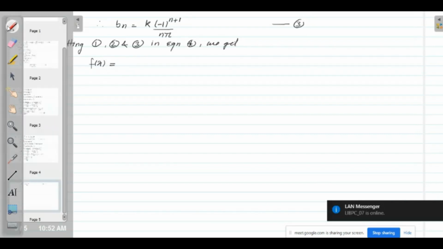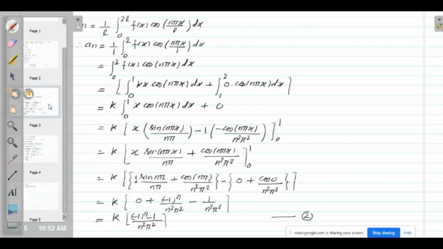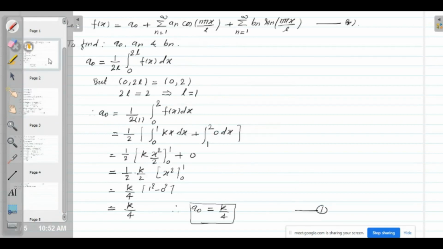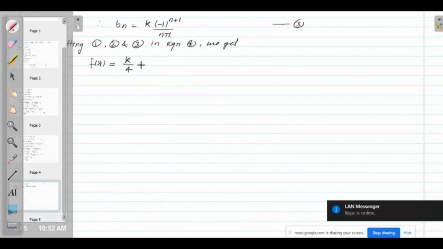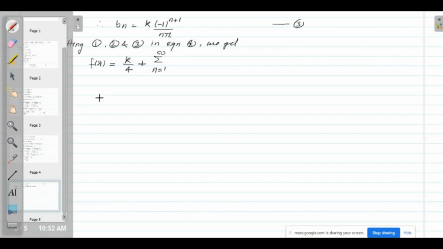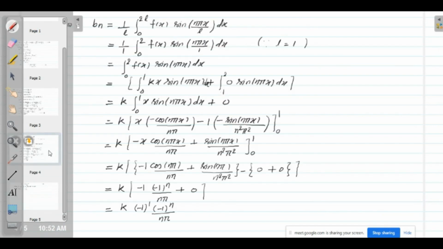We first substitute a naught. How much did we find a naught? Your a naught is k by 4, and plus the sum running from n equal to 1 to infinity, an. How much did we find an?